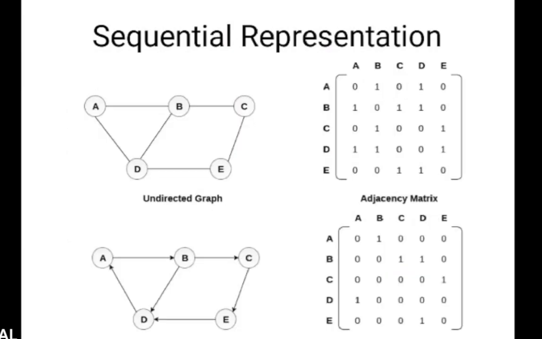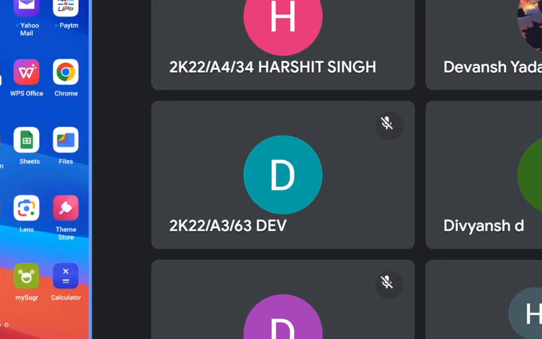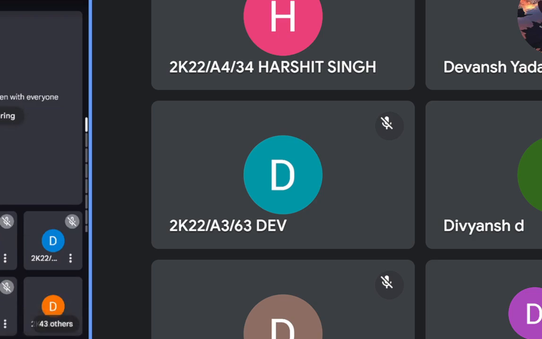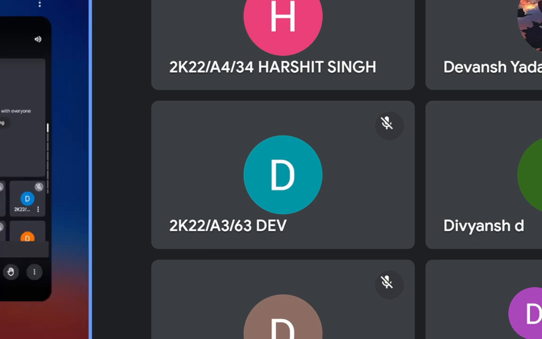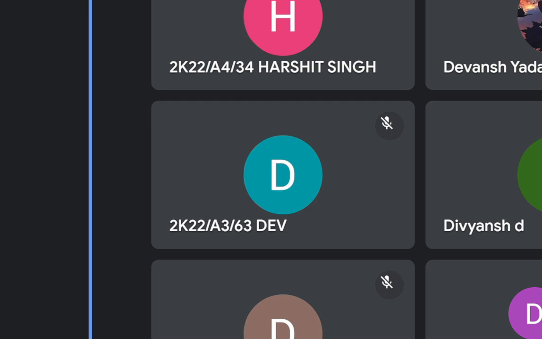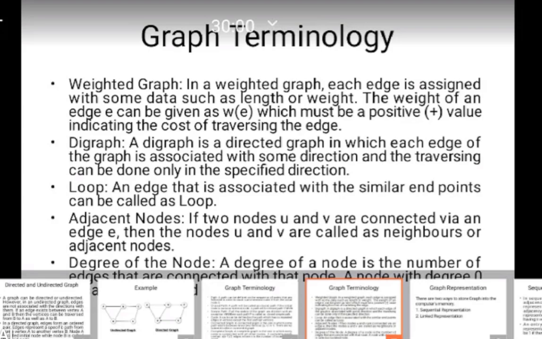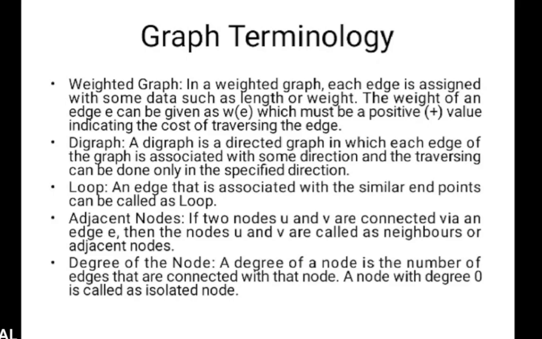If in a weighted graph each edge is assigned with some data, like we can say that there are two places and the edge tells us that the two places are connected and also tells the distance between the two places.